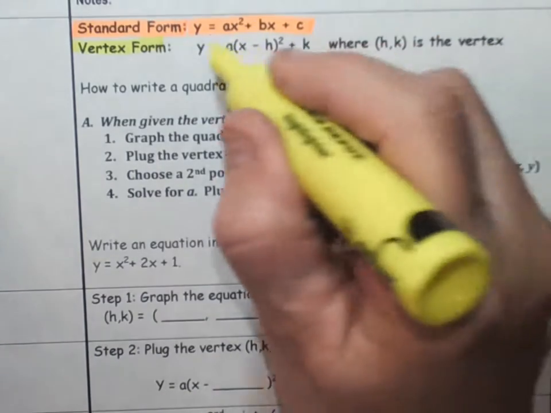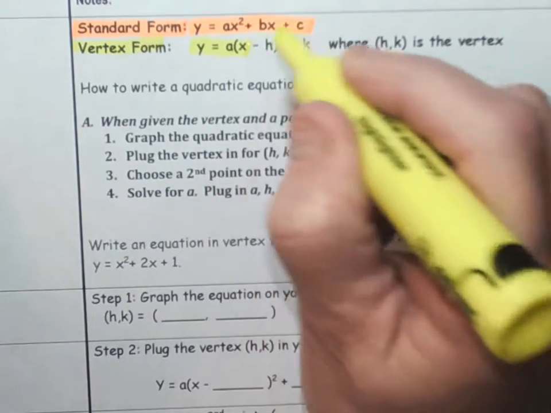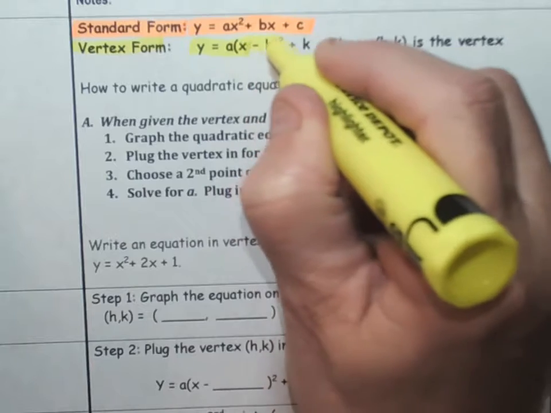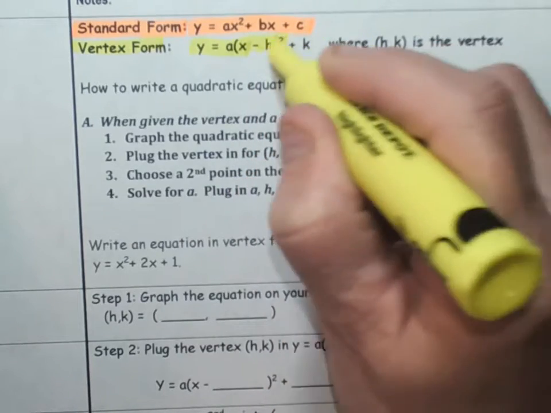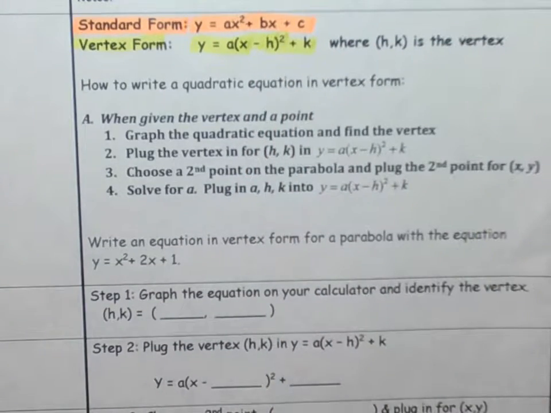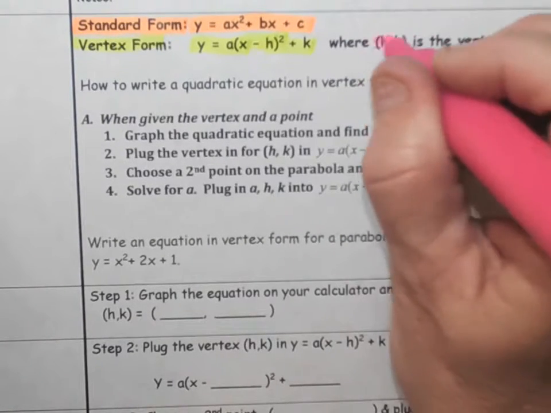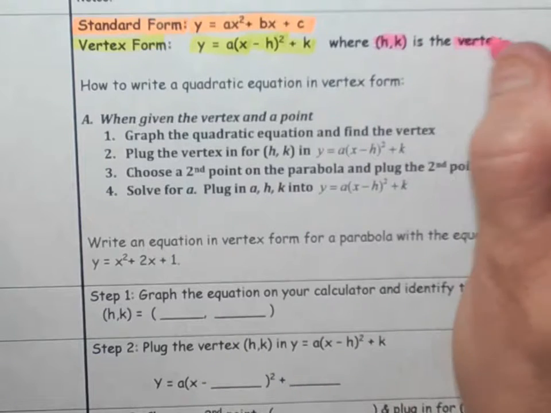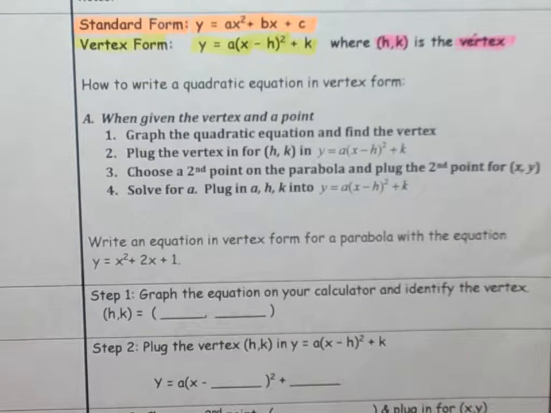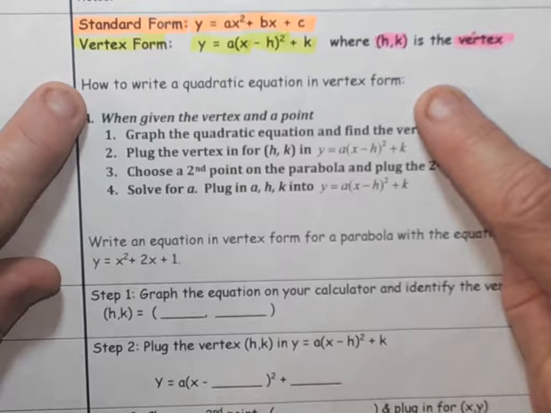Vertex form is y equals a times the quantity x minus h squared plus k. The important thing to remember is that h and k, the ordered pair, represents the vertex of your parabola.